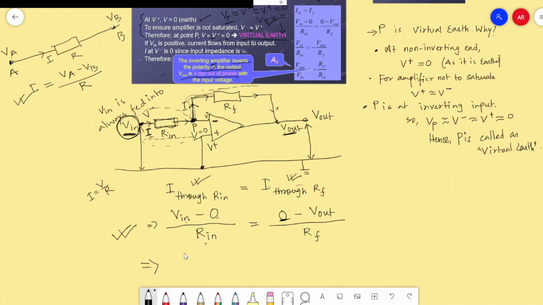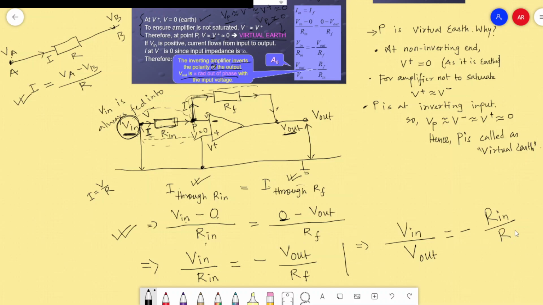So I am continuing. This is input voltage divided by input resistance, and this is negative output voltage divided by feedback resistance. Now if I take all the voltages on one side, then this is Vinput by Voutput, which is going to be negative Rinput by feedback resistance.